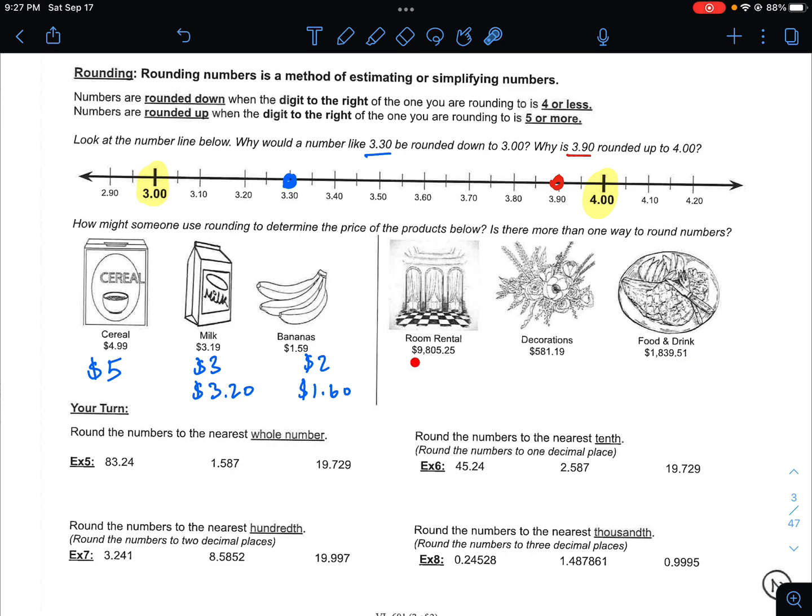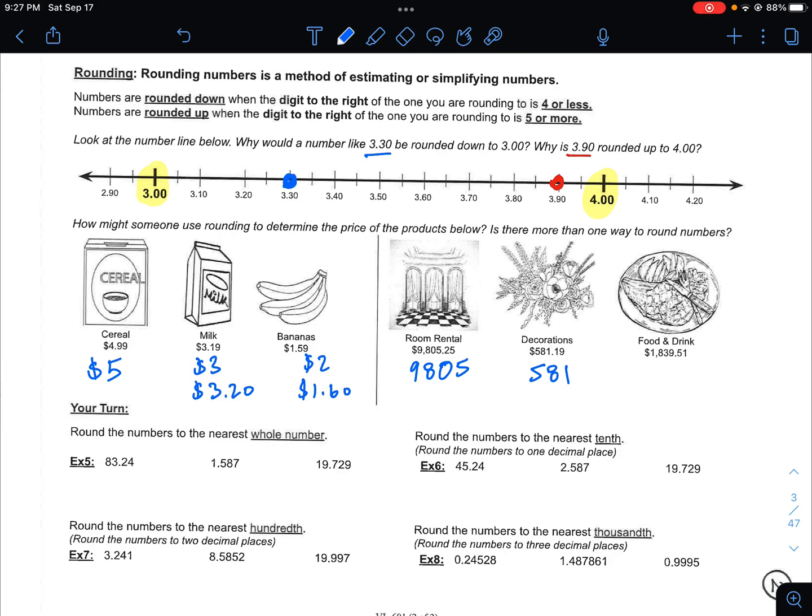It may not make sense to say, oh, well, the room rental is 9,805 and 30 cents, because these numbers are so big, rounding it to the nearest tenth of a cent, or even rounding it to the nearest whole number, like 985, may not be all that important. Like 581.19, if I wanted to round it to the nearest whole dollar, that would be 581.